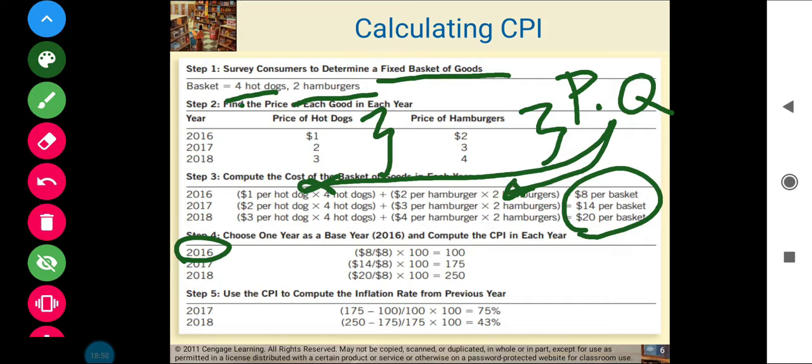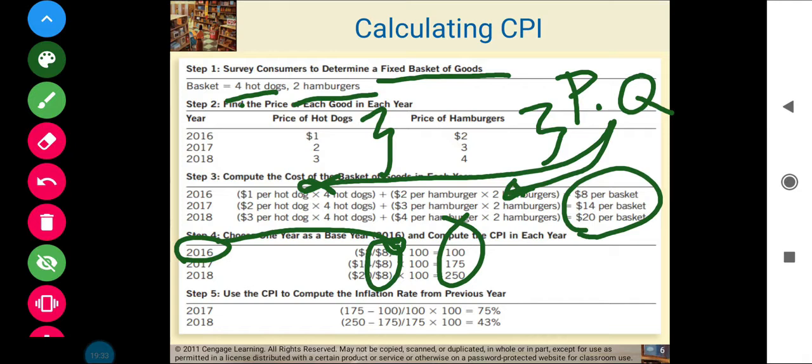As we see in the table, the base year is $X, $X for each year. And then we compute the CPI for each year. This is the value of CPI.